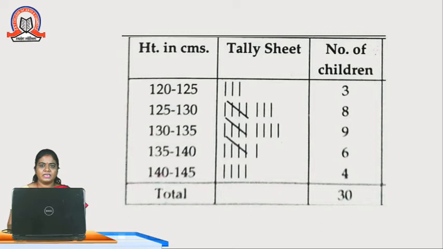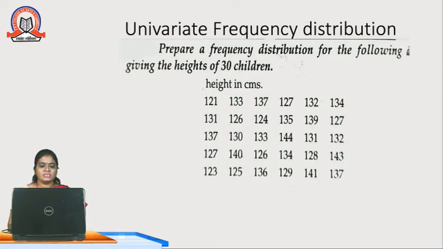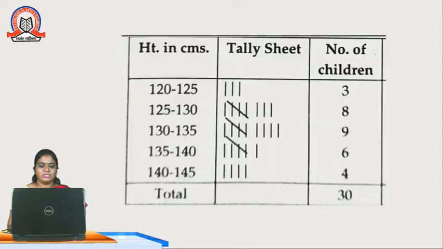Now, making a frequency distribution table, we first find the lowest value in this table as 121 and the highest value as 124. According to that, we make the class limits as 120 to 125, 125 to 130, till 140 to 144.